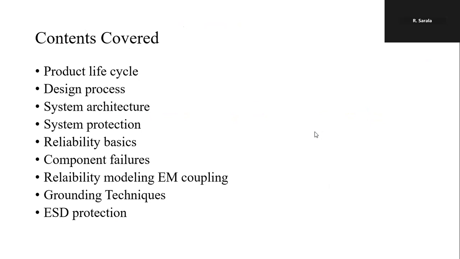In the system architecture, we will see how to design an electronic system for different types of products. Then system protection, reliability basics, component failures, reliability modeling, electromagnetic coupling, grounding techniques, and ESD protection. And you will see the practical knowledge based on real-world insights through examples.